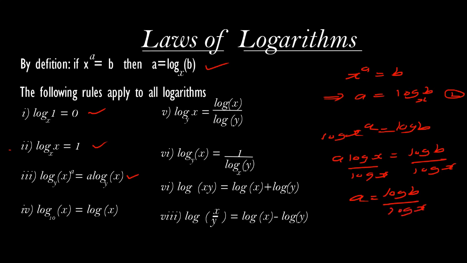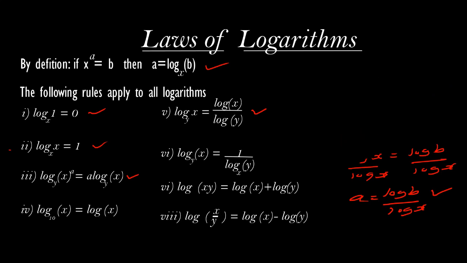So if you compare those equations, if you have log b to base x, that is the same as log b over log x. So the base is the logarithm in the denominator. That is Roman number 5. If you have log x to base y, that is the same as log x over log y. The base is the logarithm in the denominator.